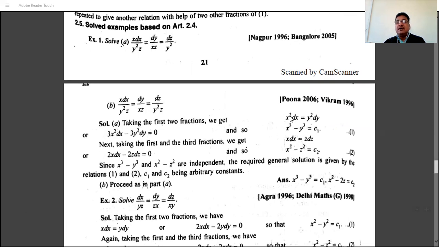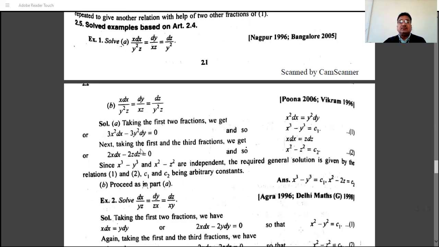After considering the first two fractions, we have this, and then integrating, x cube by 3, y cube by 3, and then multiplying by 3, we get this answer: x cube minus y cube is equal to c1. So this is the first integral solution of this differential equation.